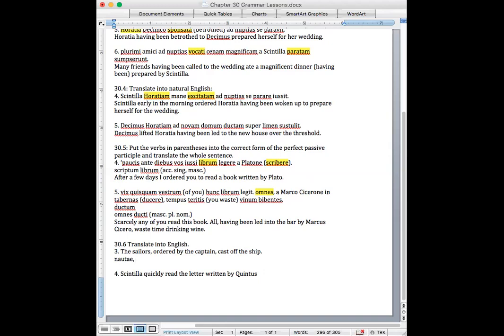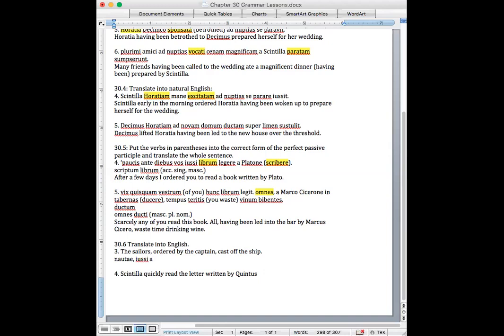So it's going to need to agree with sailors. So we've got iussum is the fourth principal part. It needs to be nominative and plural and masculine.